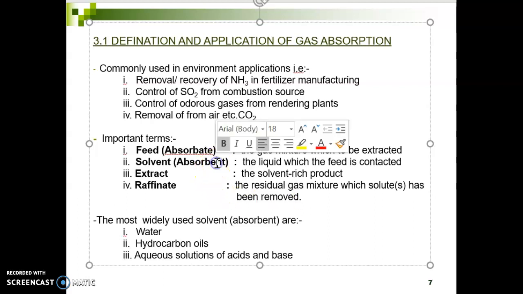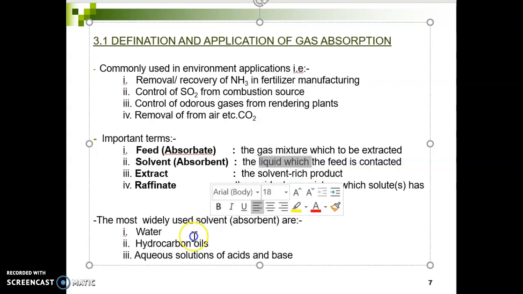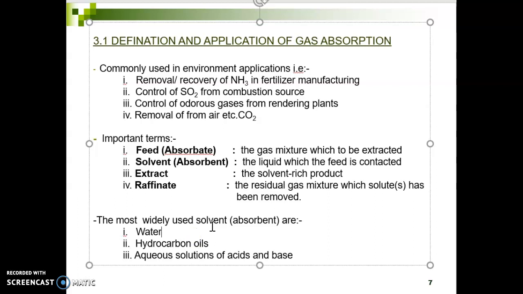For the solvent liquids, there are several most widely used solvents, for example water, hydrocarbon oils, and aqueous solutions of acids and bases.